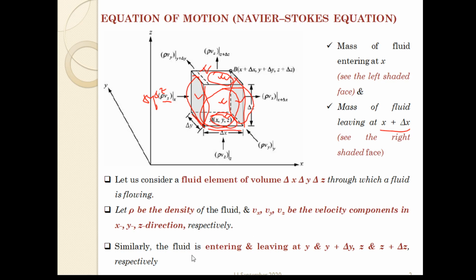So similarly, the fluid is entering and leaving at y and y plus delta y, and z and z plus del z. So the fluid is entering at x, y and z, and leaving at x plus del x, y plus del y, z plus del z.